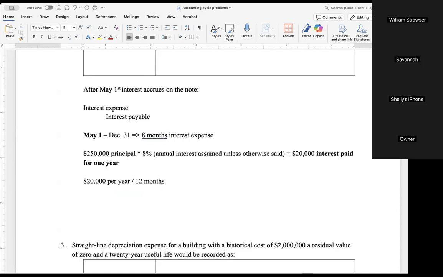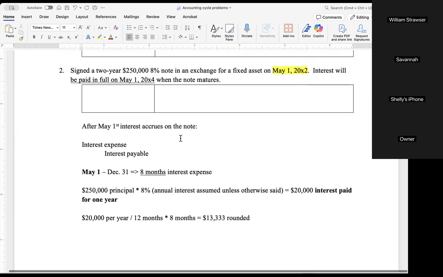And then if I take that amount and multiply it by my 8 months, I now have the total amount that I want, which becomes that amount rounded. So this is what I want for the amount that I would debit and credit, because that represents 8 months of interest at an 8% annual rate.